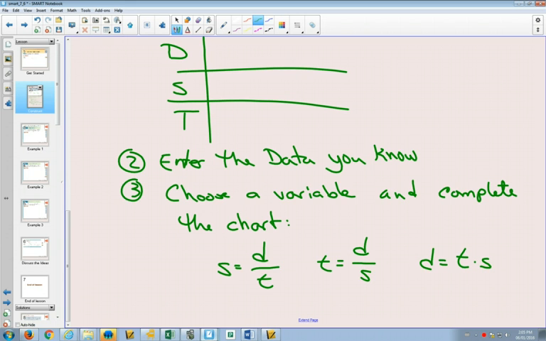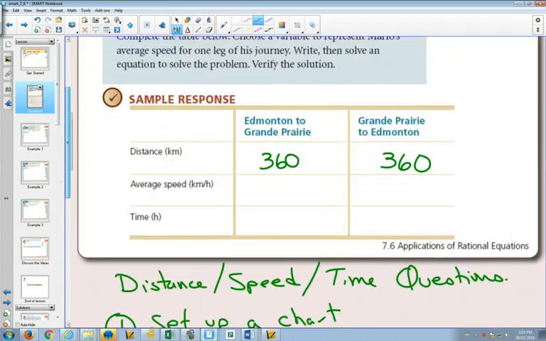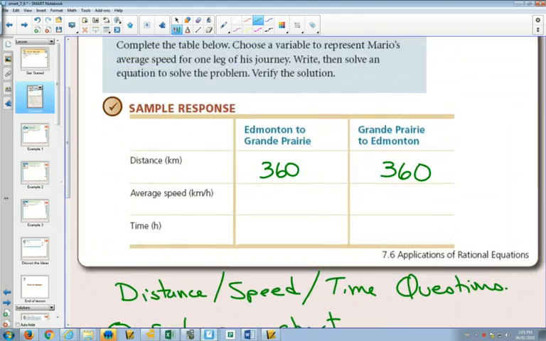So the suggestion here is saying, well, let's say on the way there our speed is x, then we should be able to fill everything else out using only that variable. So if the speed was x on the way there, how fast are you going on the way back? X plus 30. In order to fill out our times, we go to these formulas.